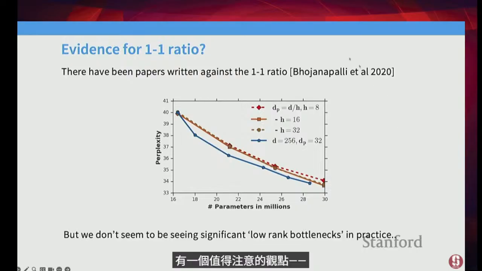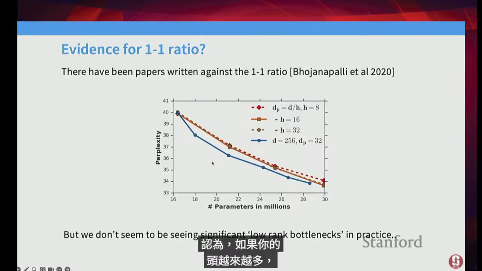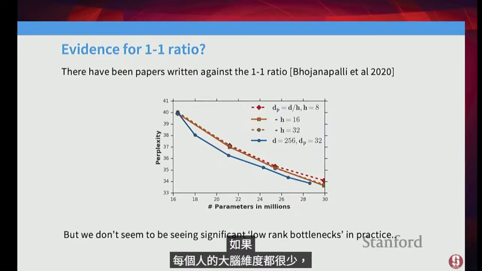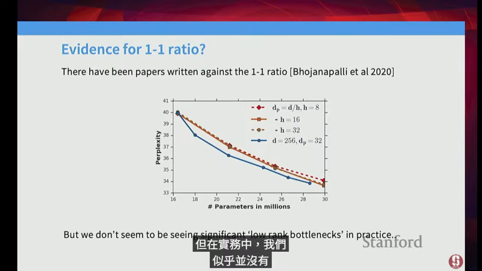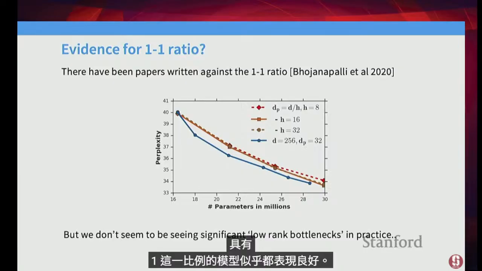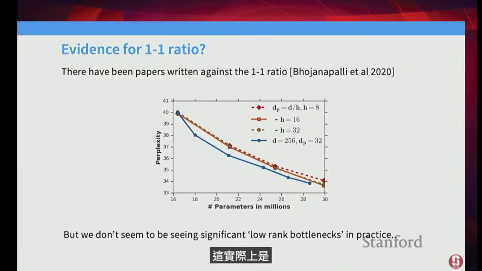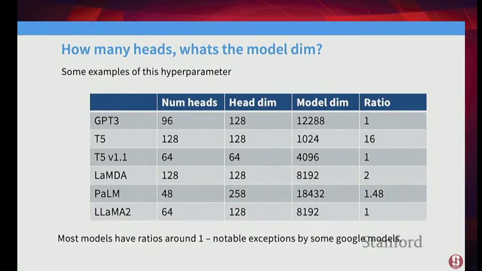There's a notable one by, I don't know how to pronounce this, Bhojanapalli et al., 2020, who argued that if you have more and more heads, they're going to have lower and lower rank. And if you have very few dimensions per head, that's going to start affecting the expressiveness of the attention operation. But in practice, it doesn't seem like we see too many significant low-rank bottlenecks, and most of the models with this ratio of 1 seem to do just fine. This is really a parameter that's generally been held constant by most of the models that we've seen.